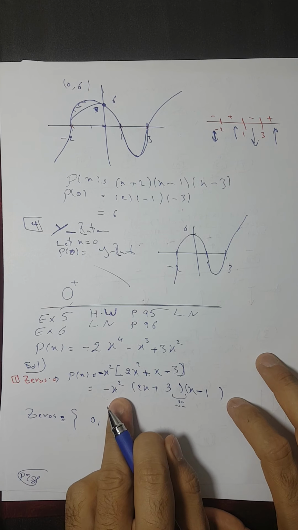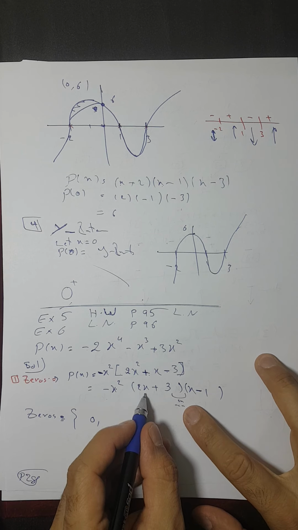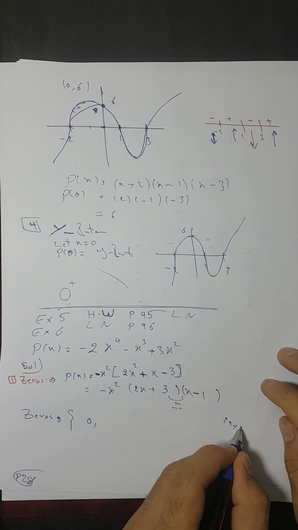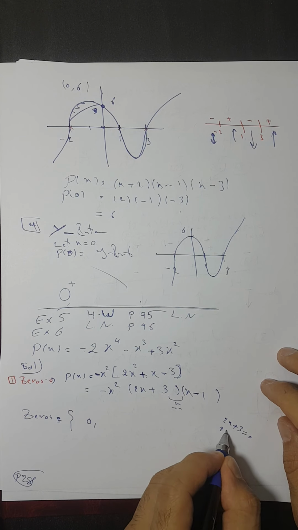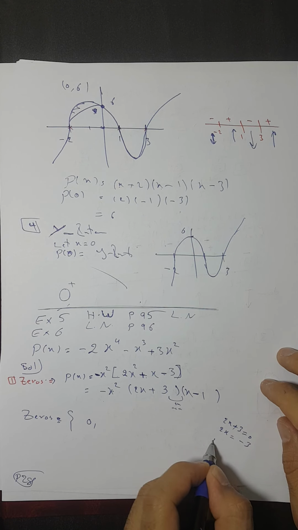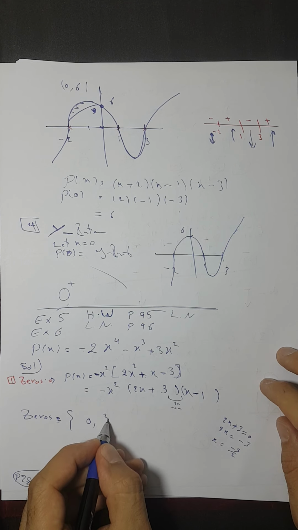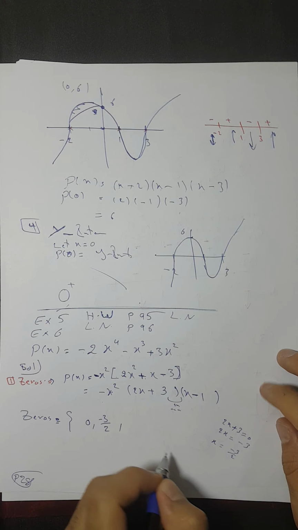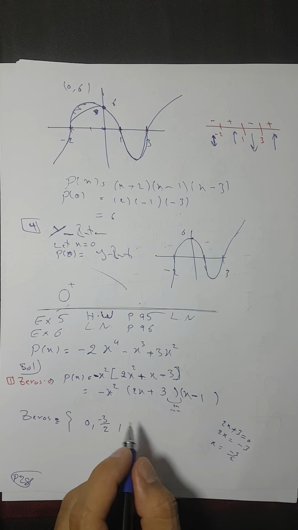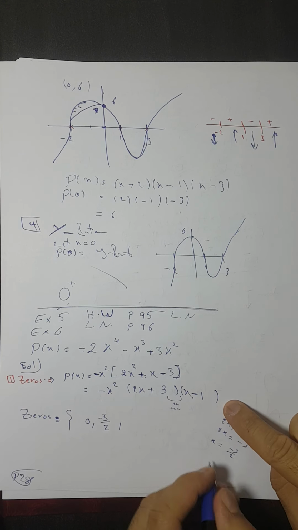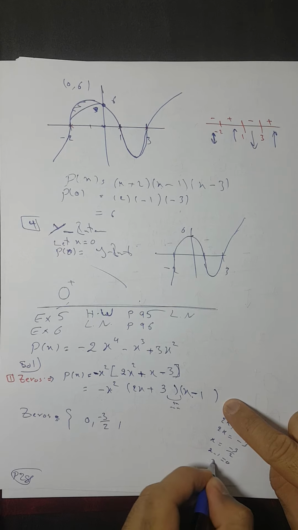0. Do not forget about this one. Also, if I say 2x plus 3 is equal to 0, I get what? 2x is equal to minus 3, x is equal to minus 3 over 2, minus 1.5. And what else? Let x minus 1 be 0, x is equal to 1.